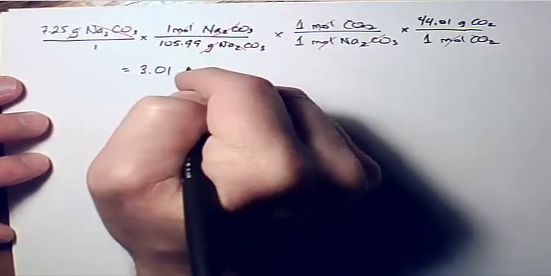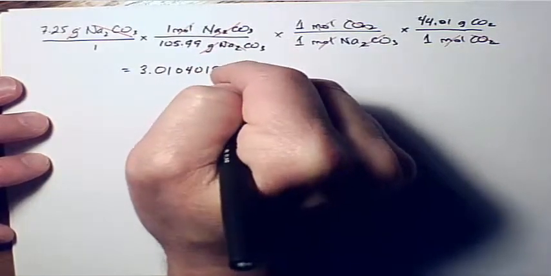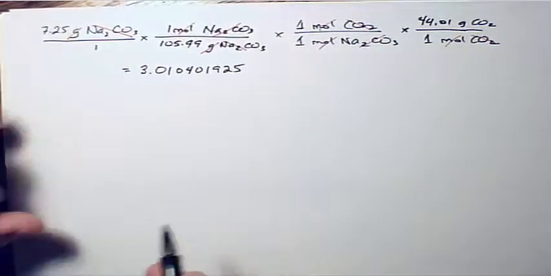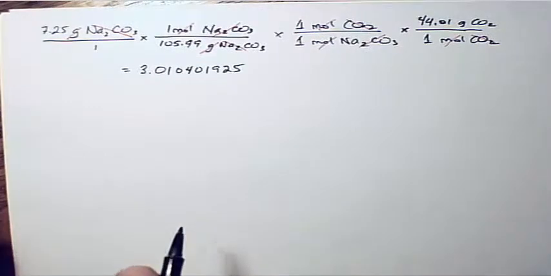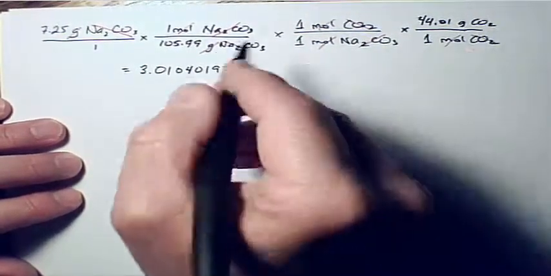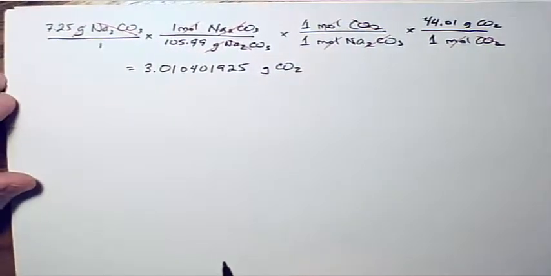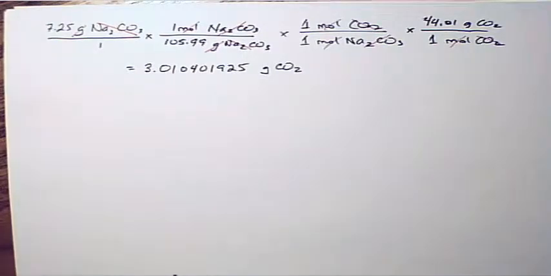Well, let's write down the whole answer. Now your calculator may have one or more digits less or more than mine. This is grams of CO2. Now let's evaluate our problem and figure out how many significant digits we need in the final answer.